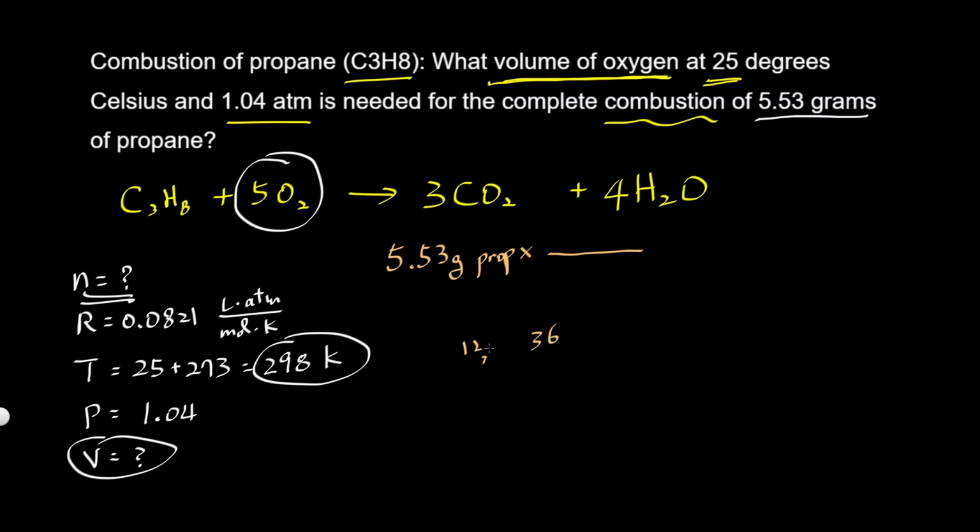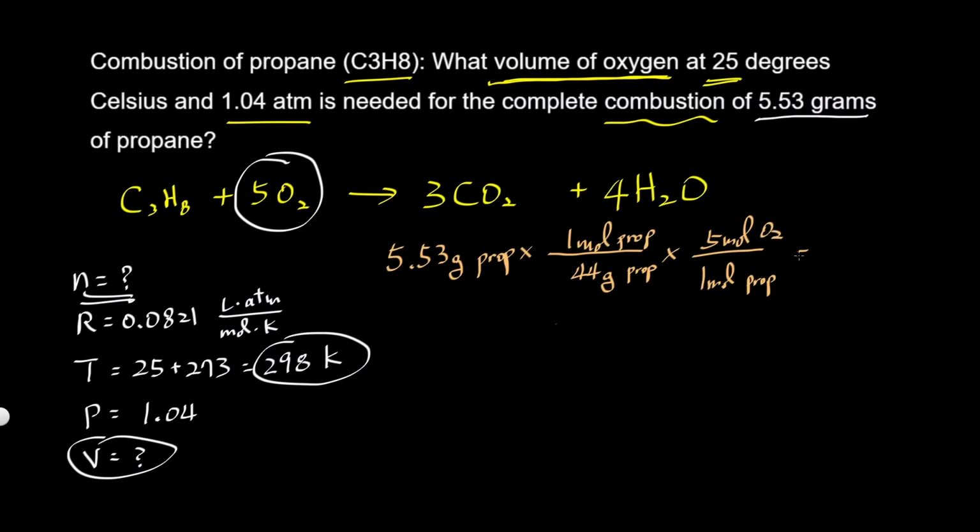I'm not using 12.01, but it's okay, it should be enough. And then you add 8, that's going to be 44. So 44 grams of propane equals 1 mole of propane. And then we're going to go to oxygen, so it's 1 mole of propane to 5 moles of oxygen.